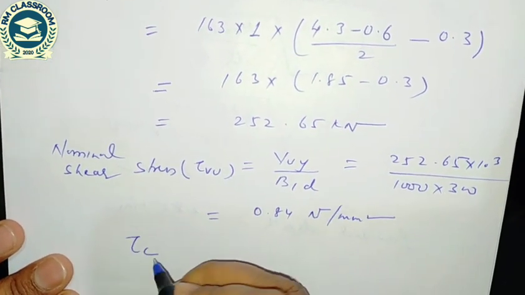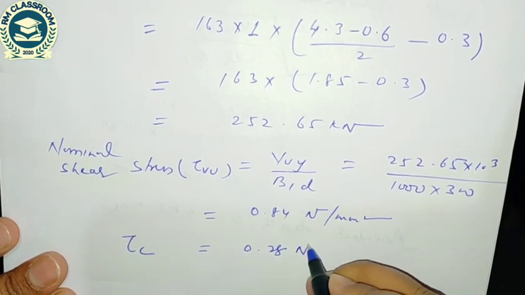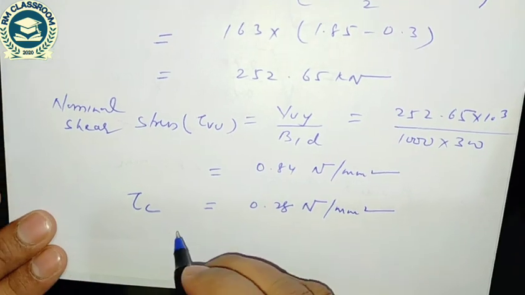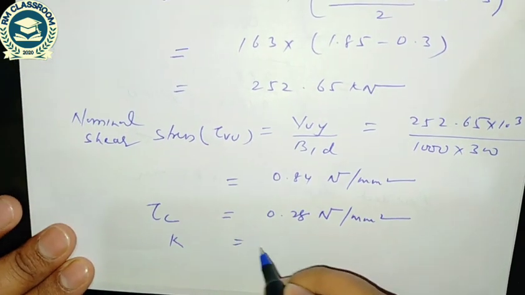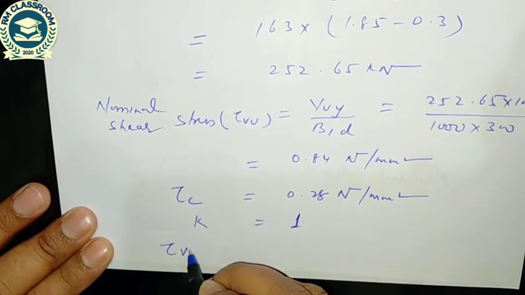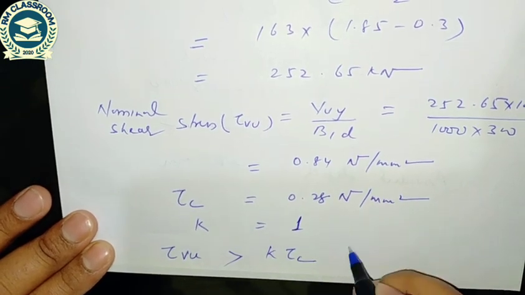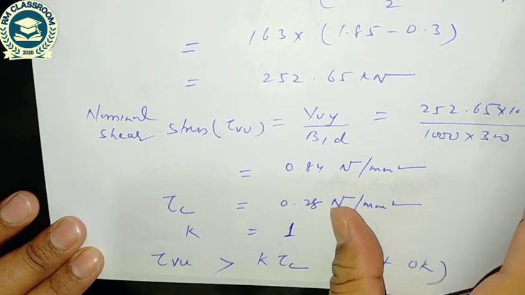And for M25 grade, the shear strength of concrete is 0.28 Newton per mm square, and assuming k is equal to 1. So tau v is greater than k times tau c, then it is not okay.